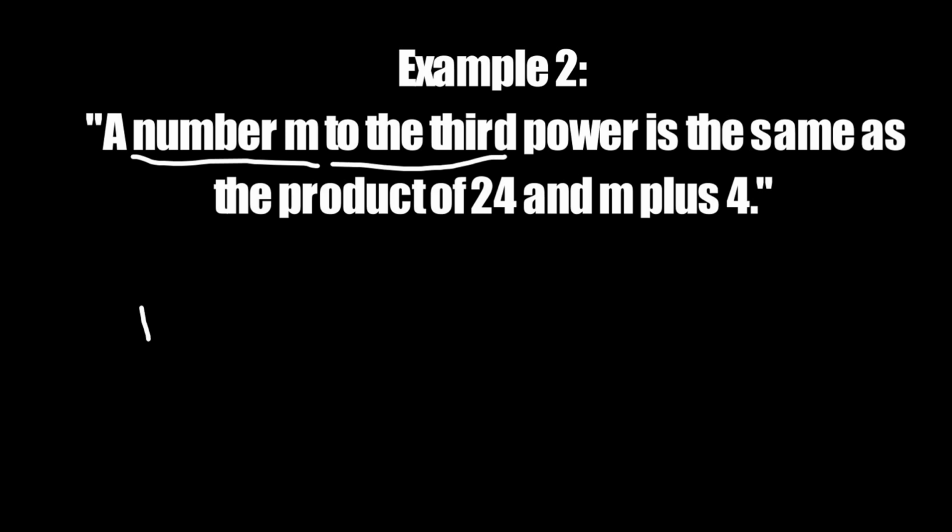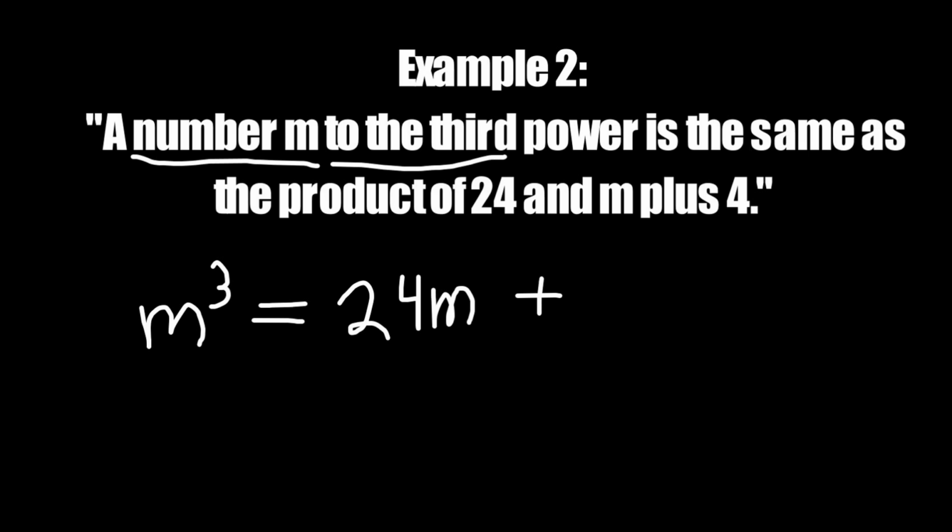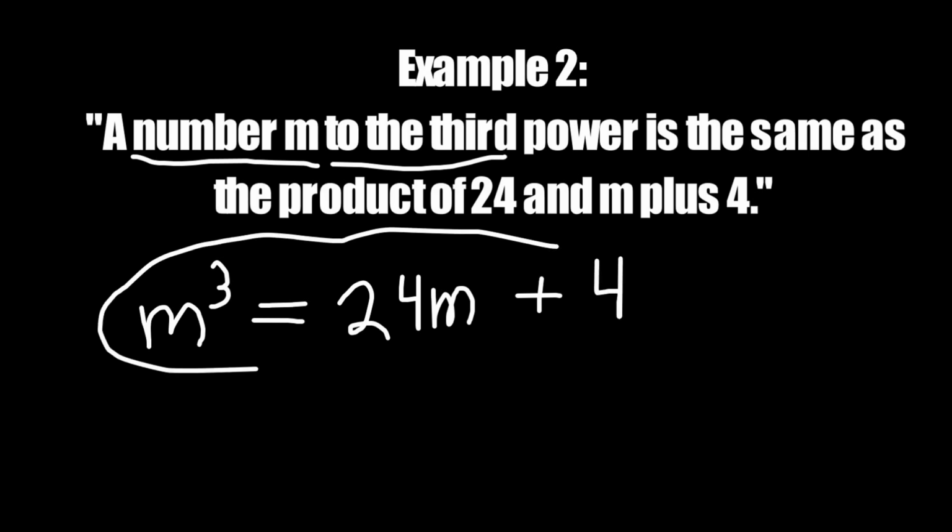So m to the third power is the same as, meaning equal to, the product of 24, meaning 24 and m, so 24 times m, plus 4. And there you have it. That is example number 2.